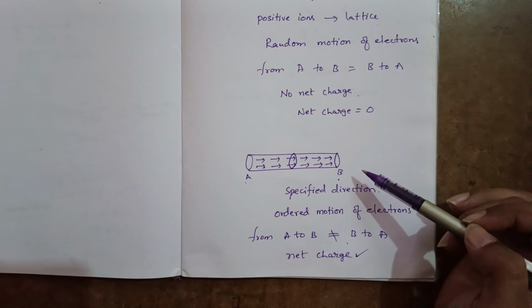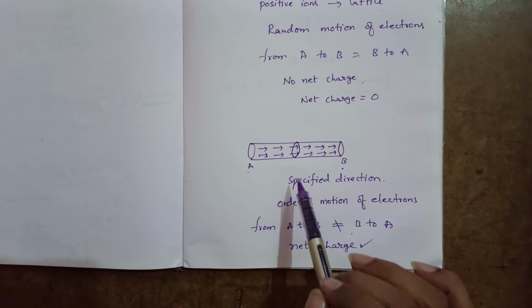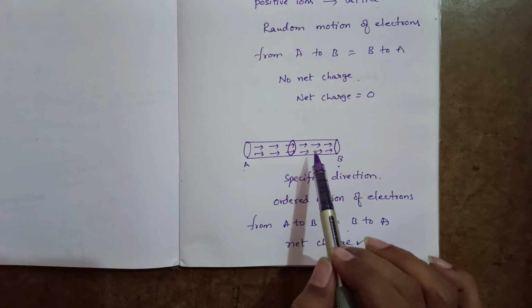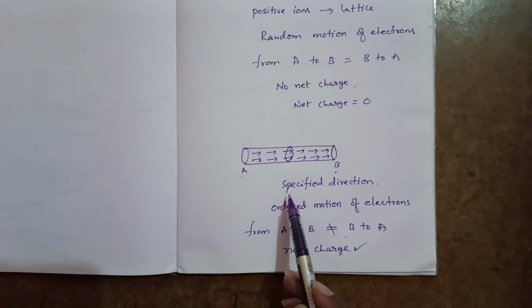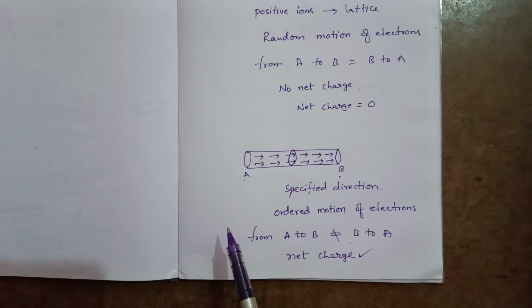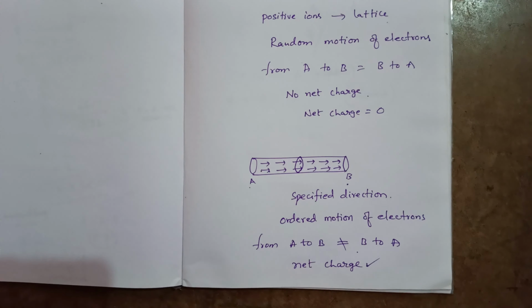But in the closed circuit, when the conductor is connected to the source, the electric field gives that energy. Whatever it lost, the electric field gives again. Then it moves in a specified direction.